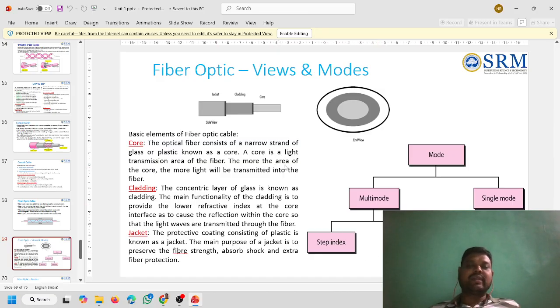The core and cladding are made of either glass or plastic, but the protective jacket is only plastic, whose purpose is to preserve the fiber strength, absorb shock, and give extra fiber protection.